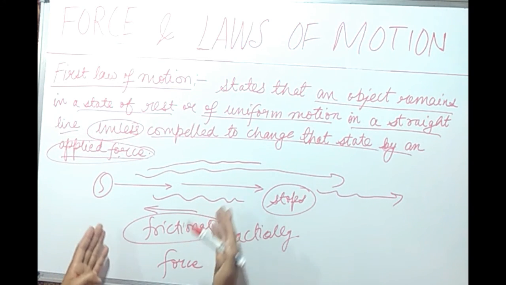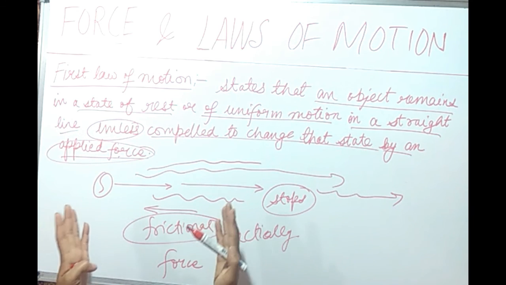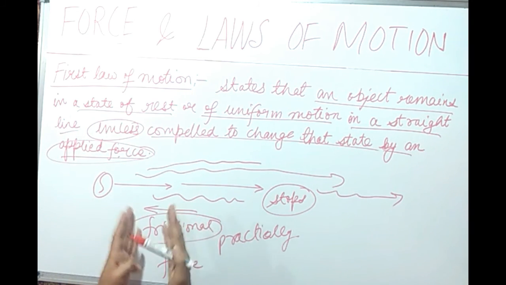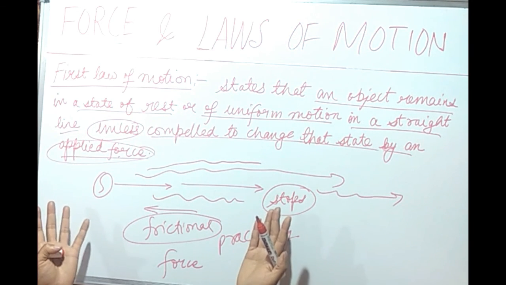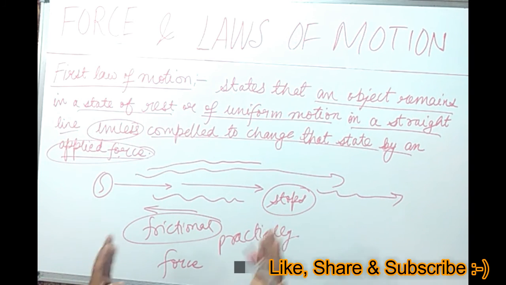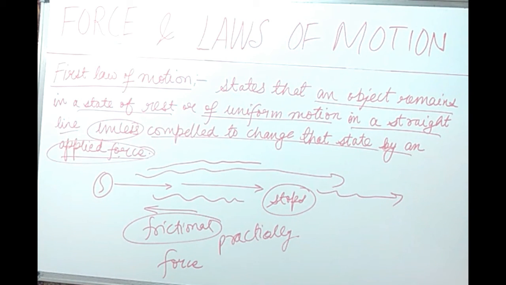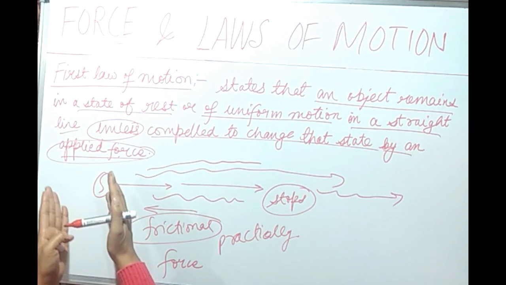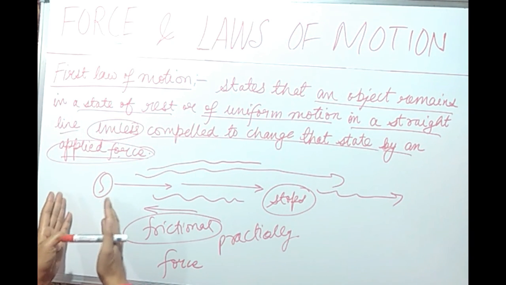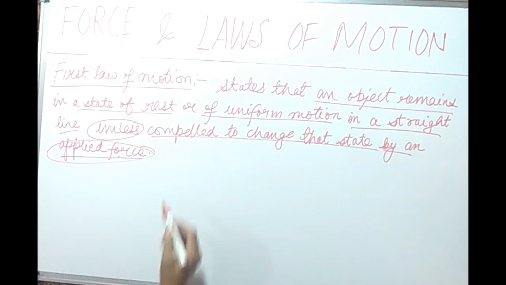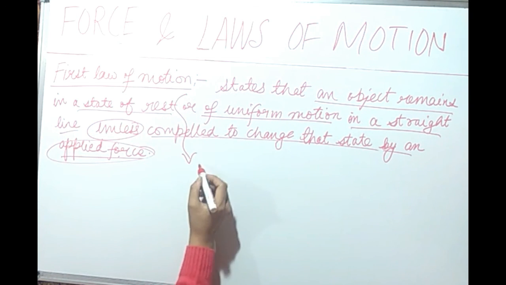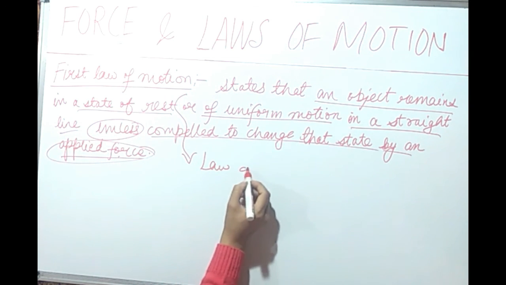If the surface is completely smooth, there is no friction, and the ball keeps on moving. But practically it is difficult to achieve, so there is always some frictional force acting to stop the motion of an object. The first law of motion is also known as the law of inertia.